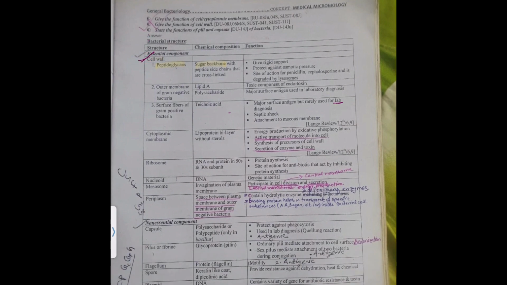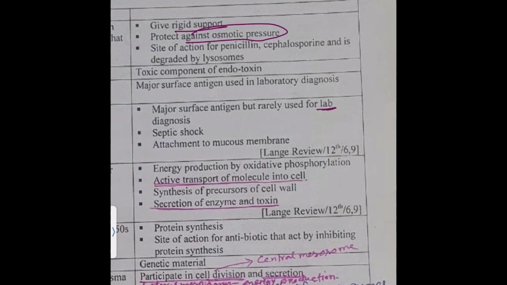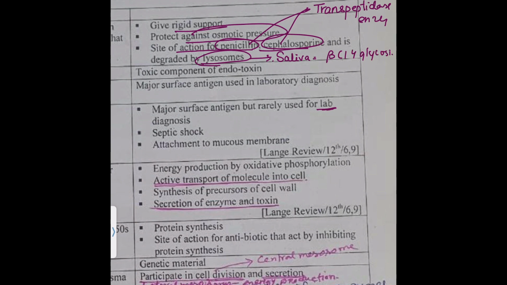Cell wall is made up of peptidoglycan, which is a sugar backbone, gives rigid support obviously, and protects against osmotic pressure. Important to note here is it is the site of action of penicillin and cephalosporin, and it is degraded by lysozyme. Penicillin and cephalosporin, as you recall, act on the transpeptidase enzyme. And lysozymes are found in saliva, and they act on the beta 1,4 glycosidic linkage, which connects NAM and NAG subunits.